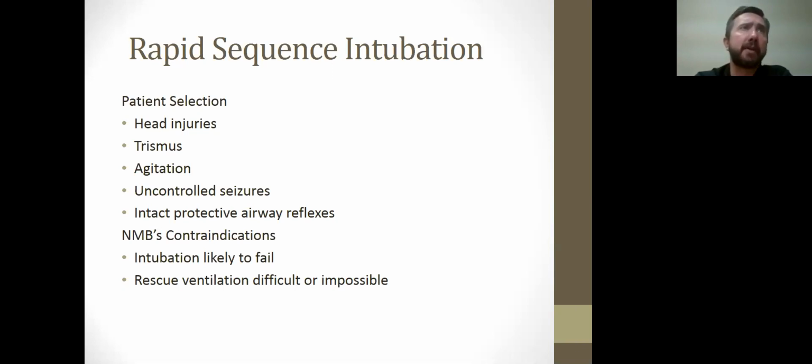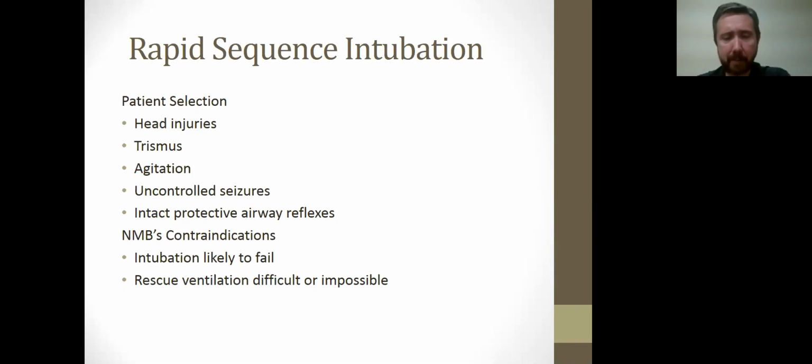Neuromuscular blockade contraindications: intubation likely to fail. This would be likely due to massive facial trauma or airway injury, possibly. A medication-assisted approach may be preferred in order to preserve the patient's ability to spontaneously breathe. And those are some things that we need to keep in mind here.